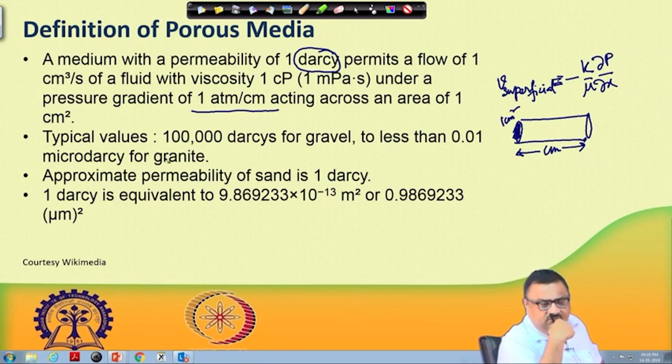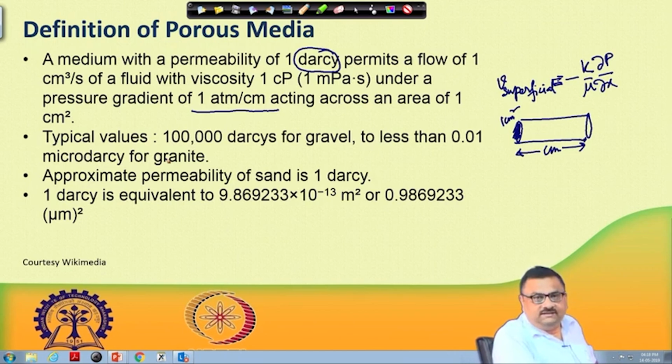So, Darcy is a unit of permeability, and approximate permeability of sand is 1 Darcy. 1 Darcy is equivalent to some meter square, close to 10 to the power minus 12 meter square.